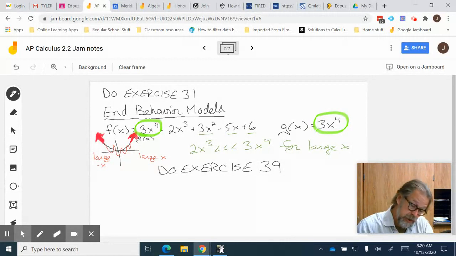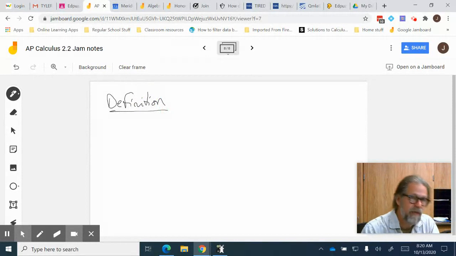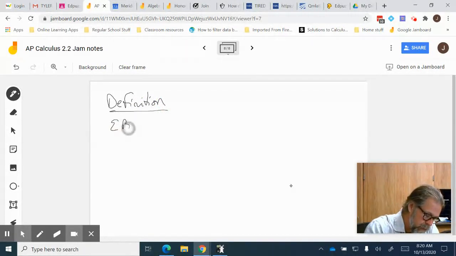Okay, sounds good. So let's do a definition. How do we define an end behavior model? We define an end behavior model if f of x over g of x approaches 1.